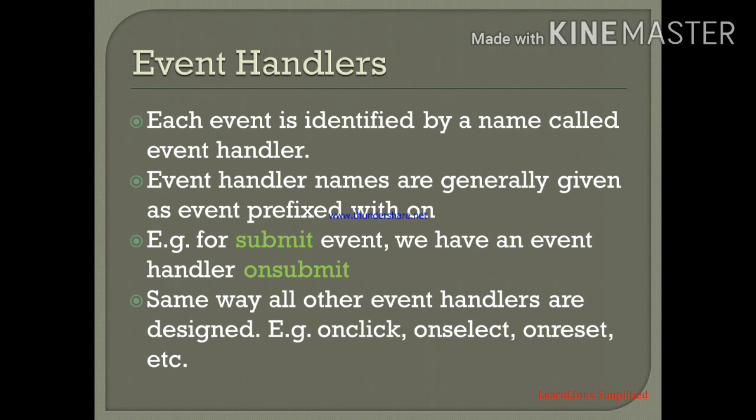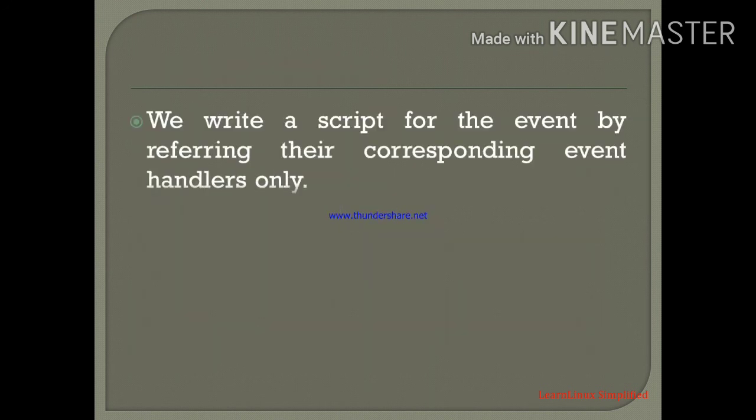Now in the script, we write the validation script for these event handlers only, not for the event. We write a script for the event by referring to the corresponding event handler only, and mostly we write functions.